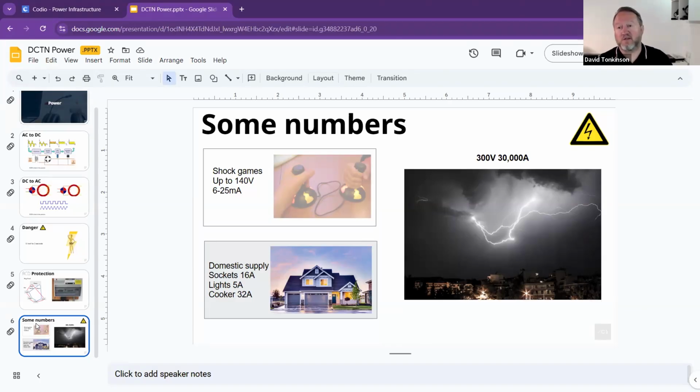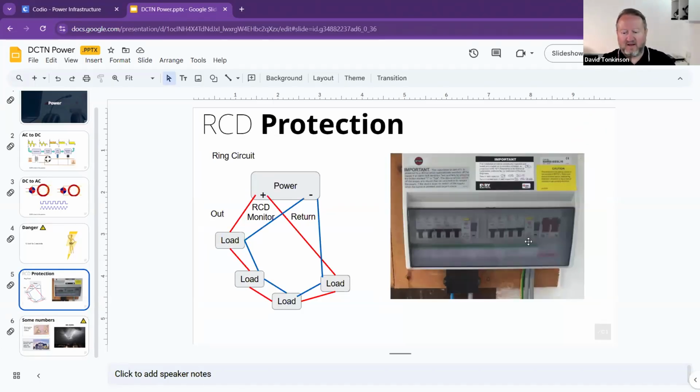Domestic power supplies, your sockets normally in the UK. Don't know how many people in the UK here. Is that rusty grey thing an RCD? Ah, the rusty grey thing at the top is, yes, sorry, that rusty grey thing. That little section there, that red piece at the end, that's your RCD.